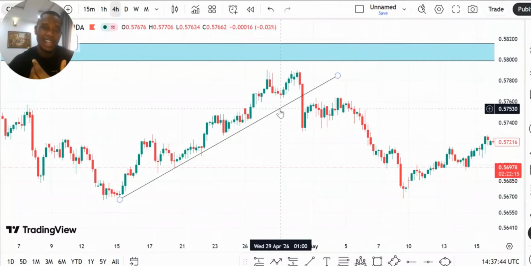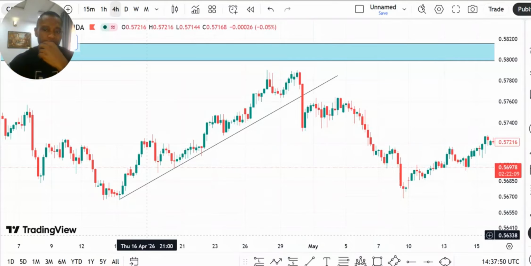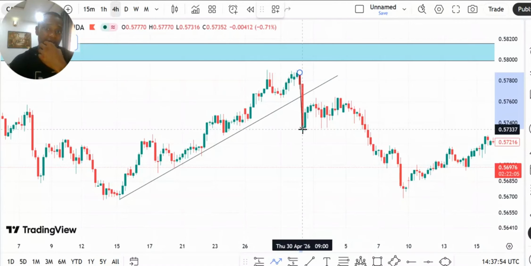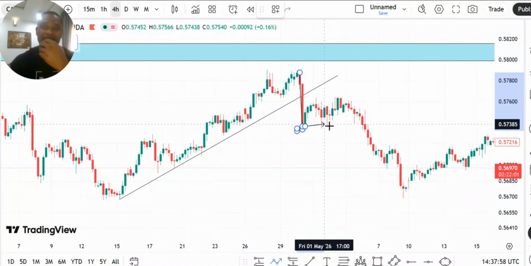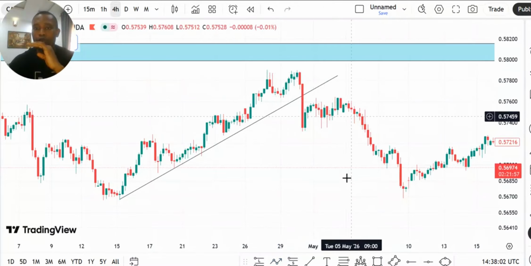Until the market breaks the trend line. That is when you'll be like, okay, the trend line has been taken out. What else should I do? Now, for the fact that the market broke this trend line down, it means sellers are now coming in. There's no more momentum for buyers.